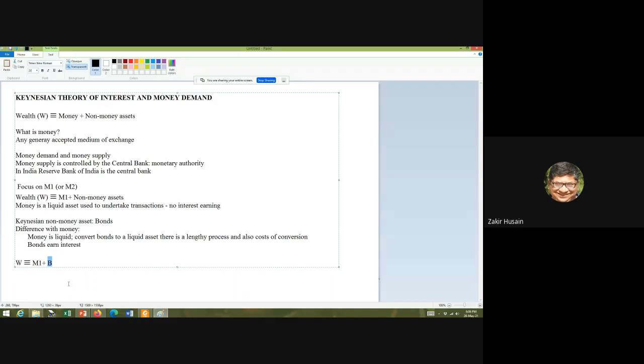There has to be excess supply of bonds. So, in other words, what we are seeing is the bond market is a mirror image of the money market. So could you repeat the justification once?